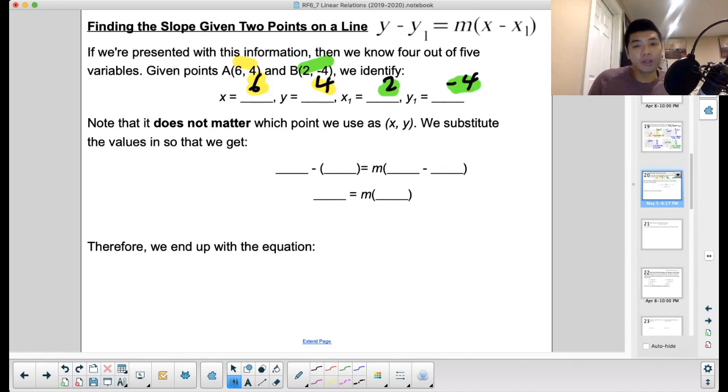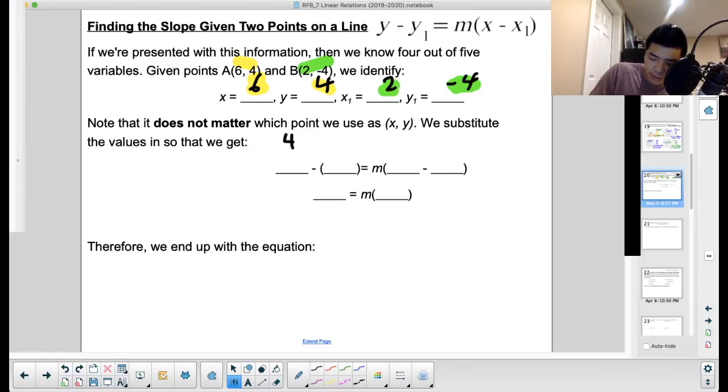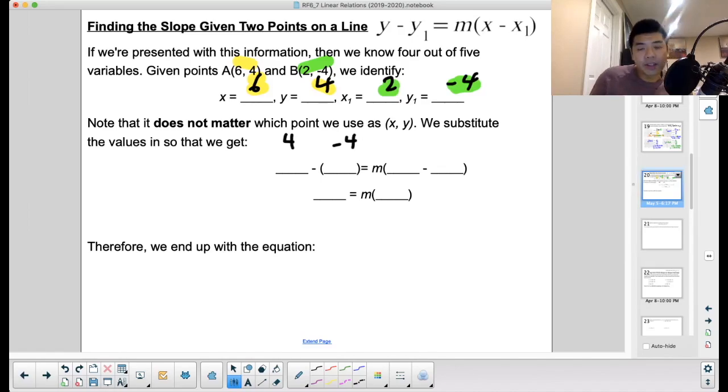So let's go ahead and plug in those values. I'm going to have my y minus y1, so I'll have 4 minus a -4, is equal to m times x minus x1, so 6 minus 2.